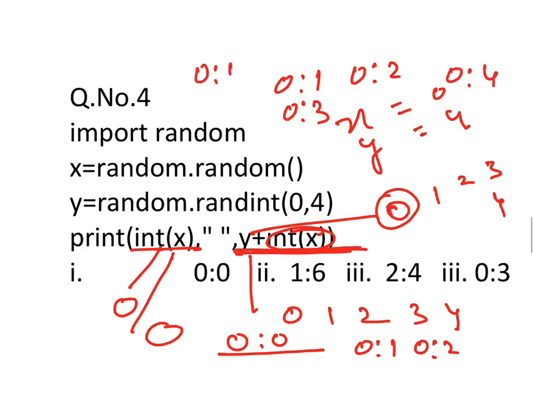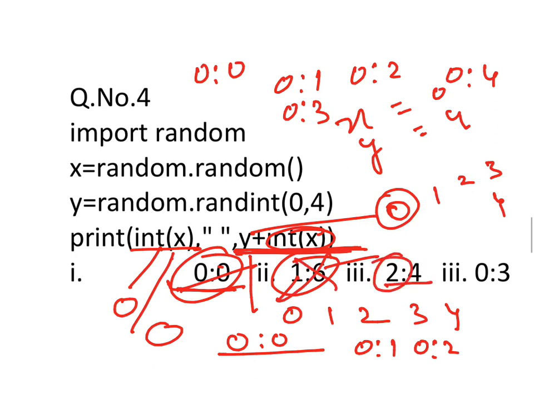And 0, 0. So you can see now here 0, 0 is there. So this is one answer. 1, 6 is not possible because x cannot be 1 and y cannot be 6. So no chance. Now 2, 4, x cannot be 2 because its maximum value is 0. So this cannot be your answer. 0 0, yes, it can be.